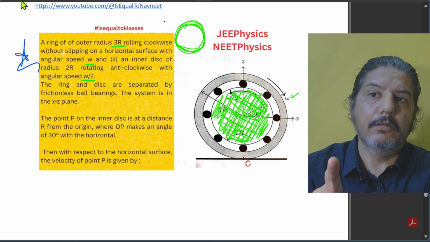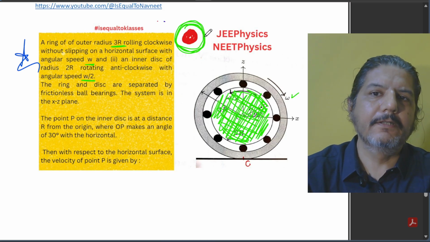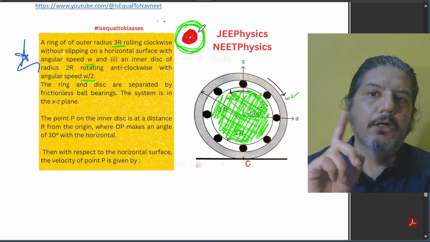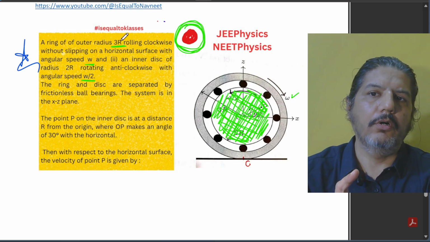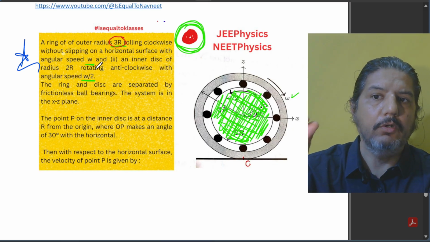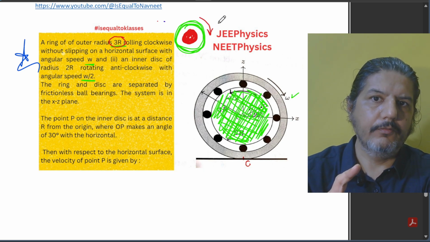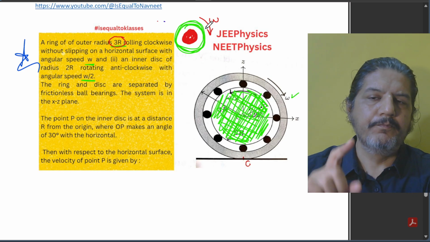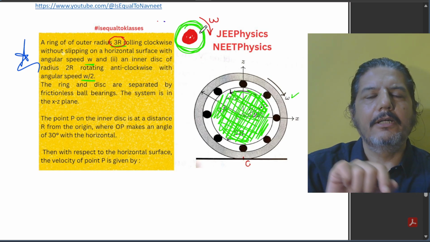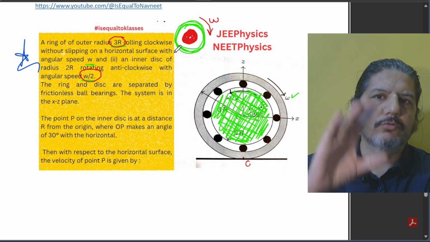The outer ring has a radius of 3r and the inside disk has a radius of 2r. The ring is moving in the clockwise direction with angular speed omega. The inside disk is rotating in the anti-clockwise direction with the angular speed omega by 2. So understand this well.